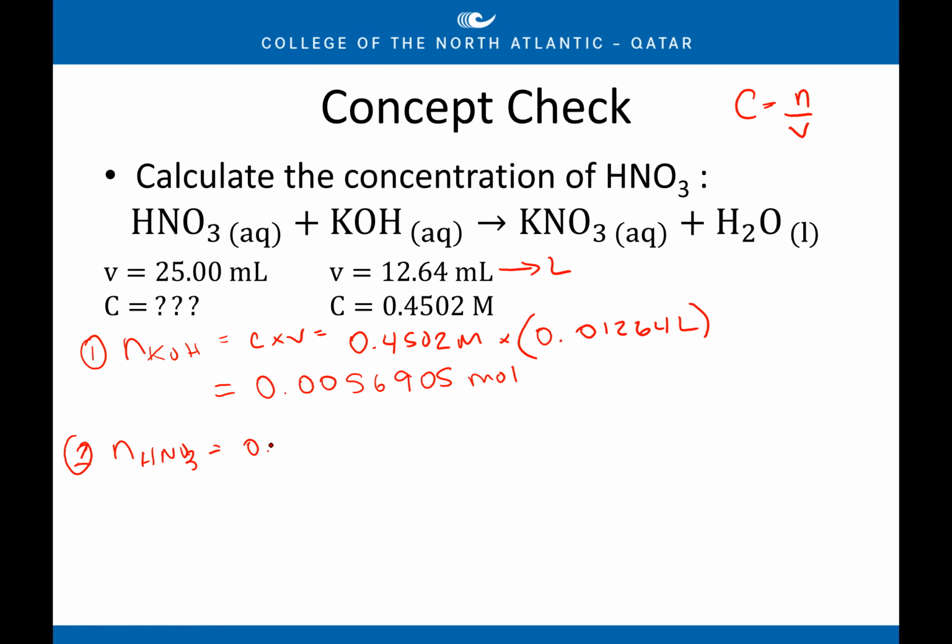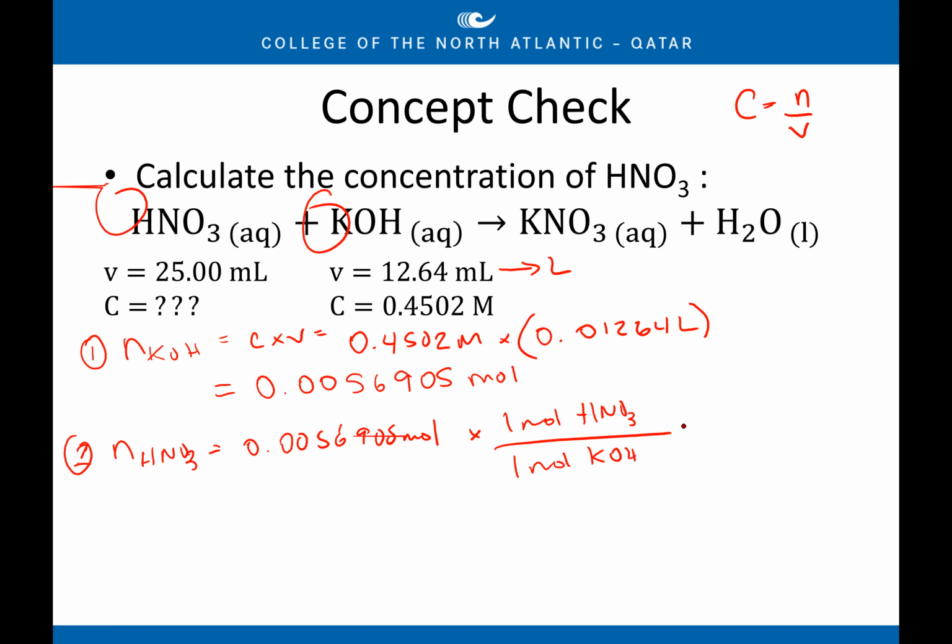So I take my number and multiply it by my mole ratio, meaning the numbers in front of the balanced chemical equation. In this case, luckily for us, 1 mole of HNO3 is equal to 1 mole of KOH. It's the same number, so I get my same answer.